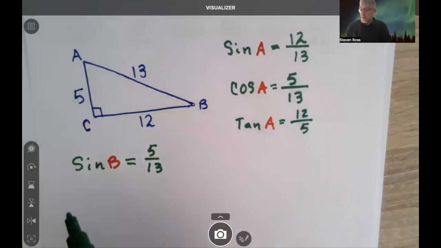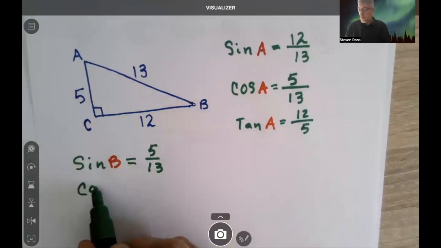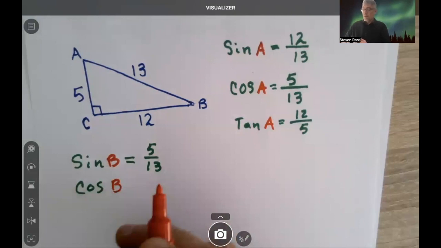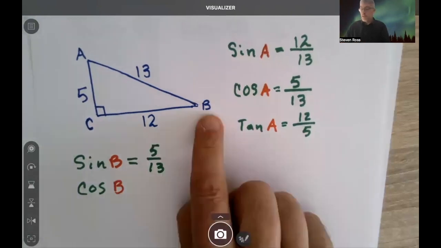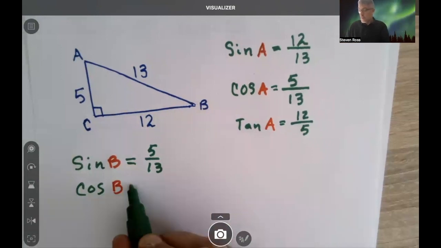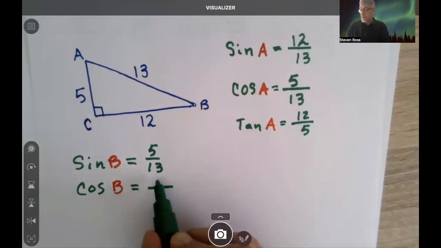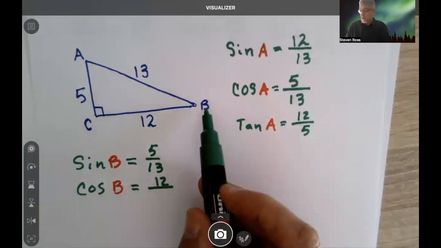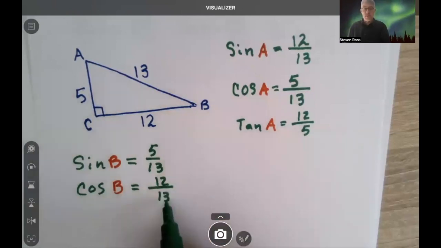And then we go to cosine of B. Cosine of angle B, the adjacent now is 12. So here's my ratio, 12 over the hypotenuse, which is 13.